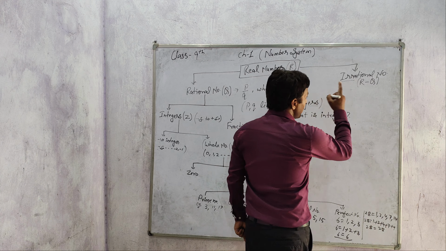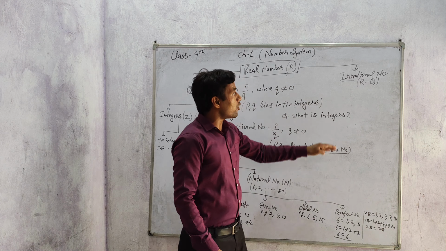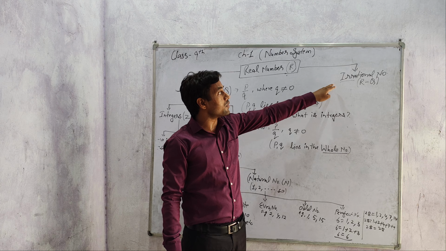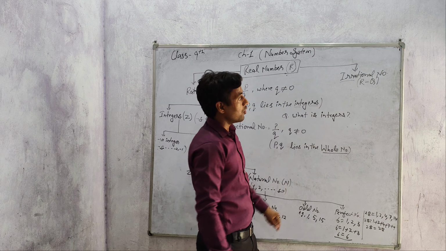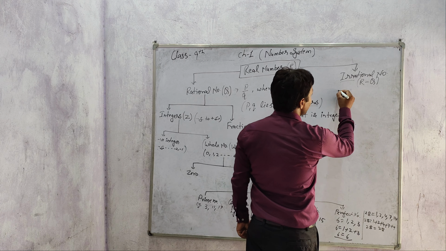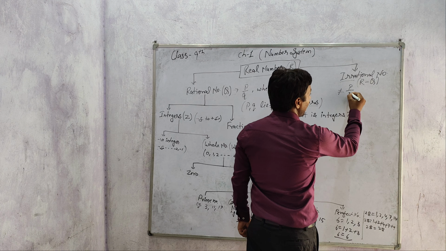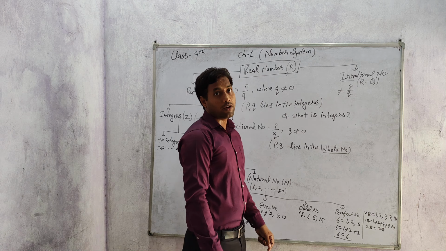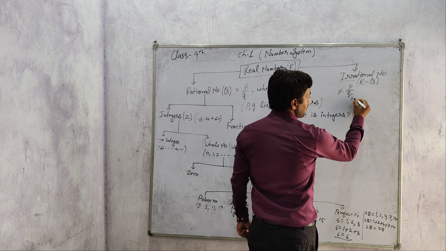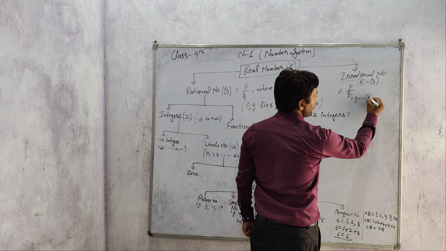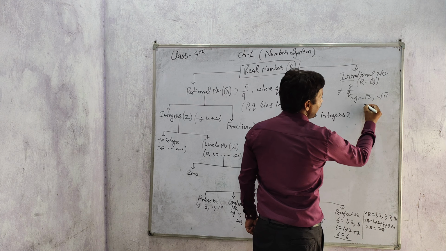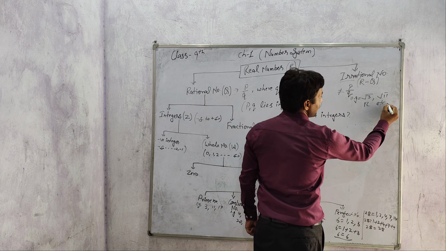In another form, they are numbers which cannot be represented in the form of p by q. Take some examples, like root 3, root 11 and pi also.